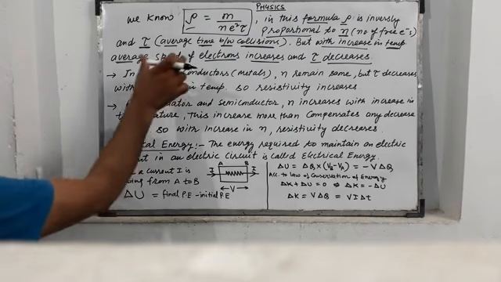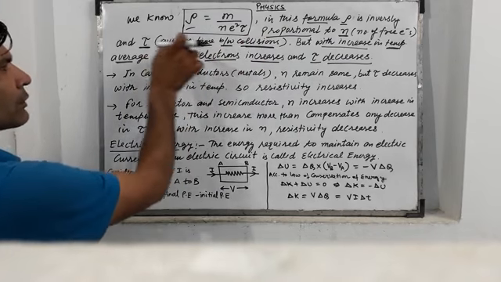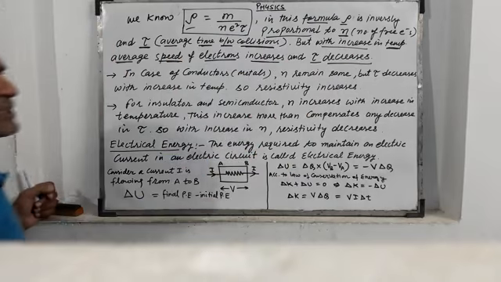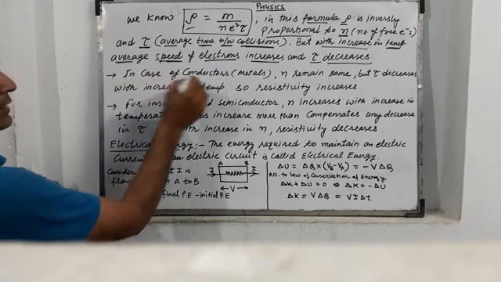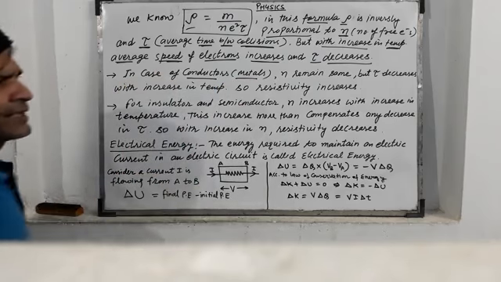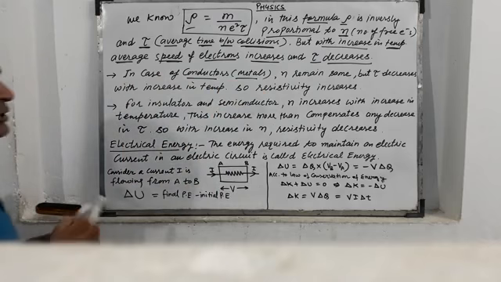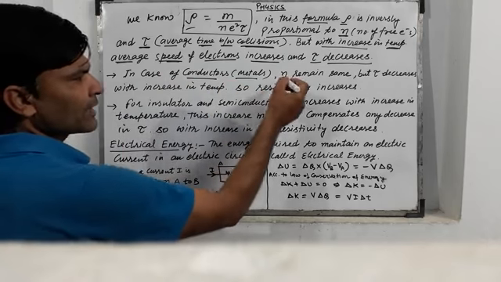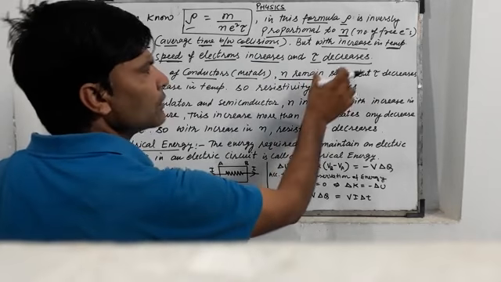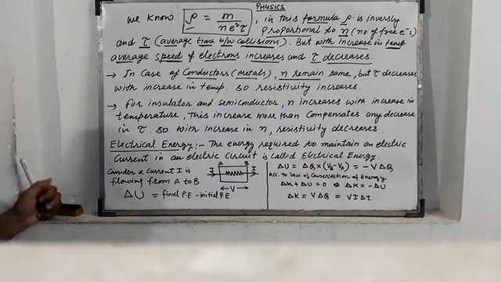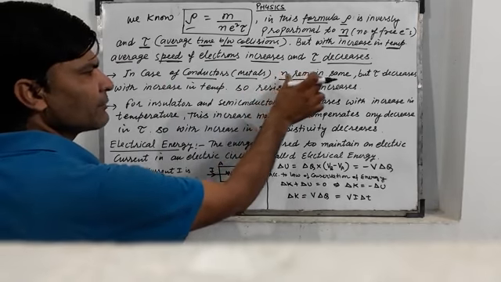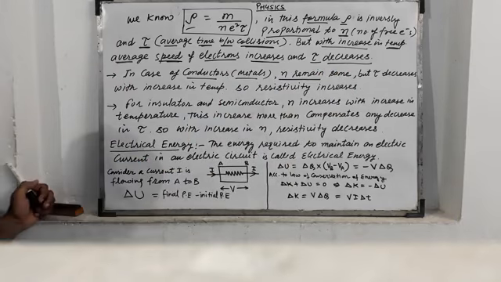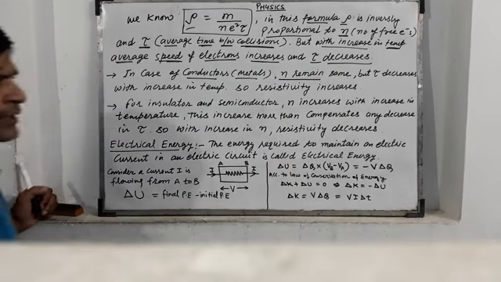In case of conductors, meaning metals, the number of free electrons is fixed, so n remains the same.